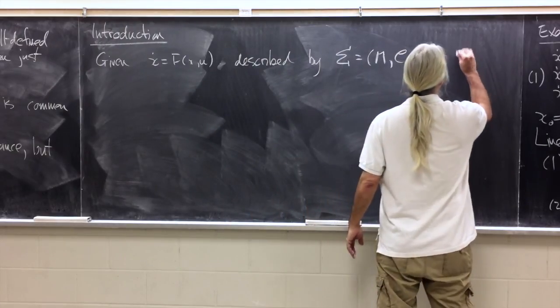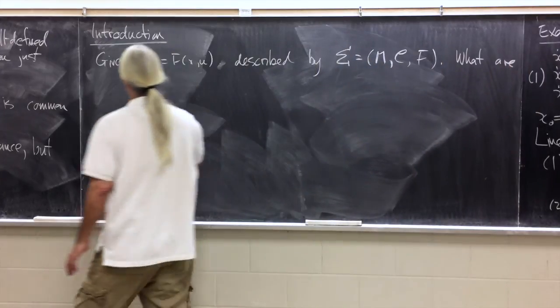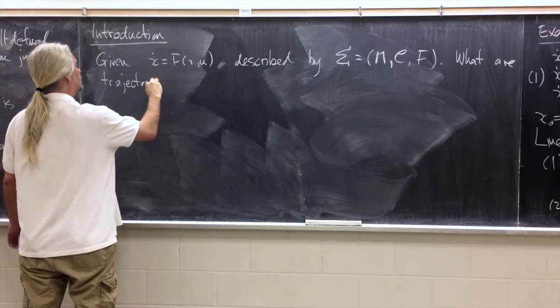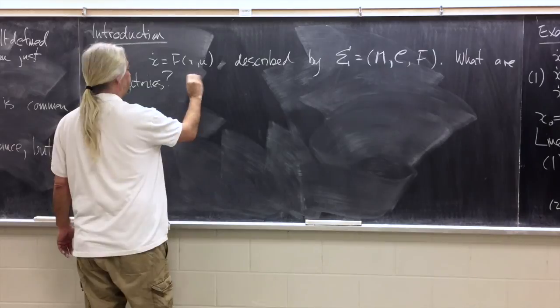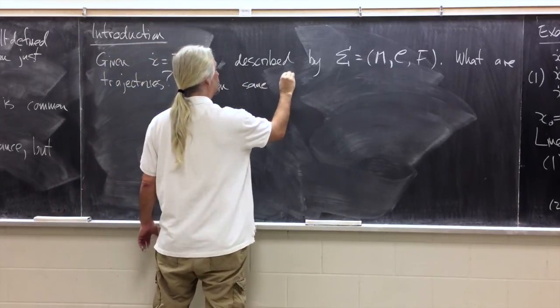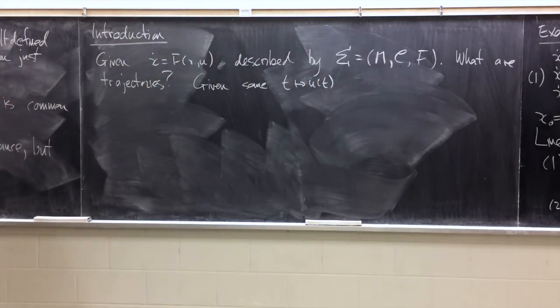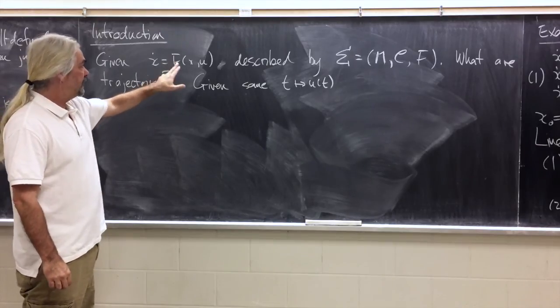Let's think about this question a tiny bit, although we've talked about it already. So we have some control function u of t. We plug that in and we get a time-varying vector field.